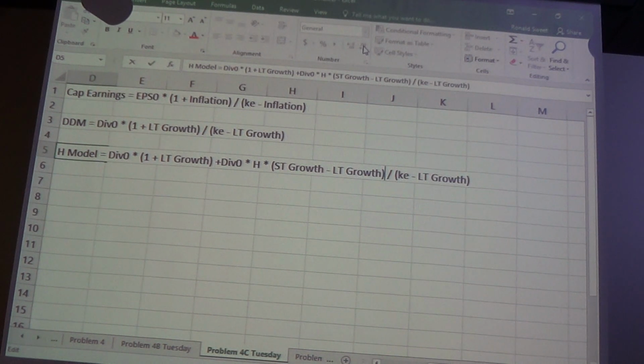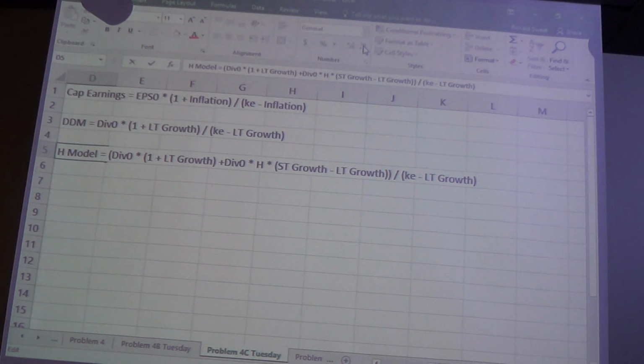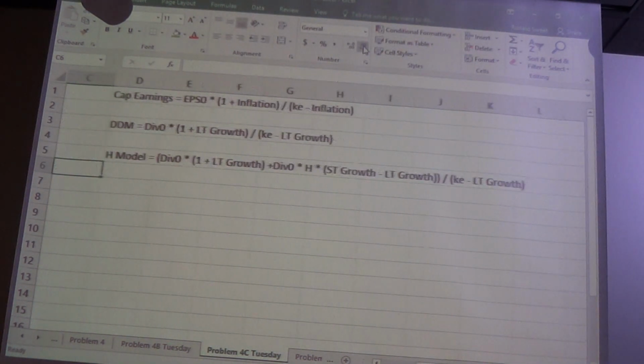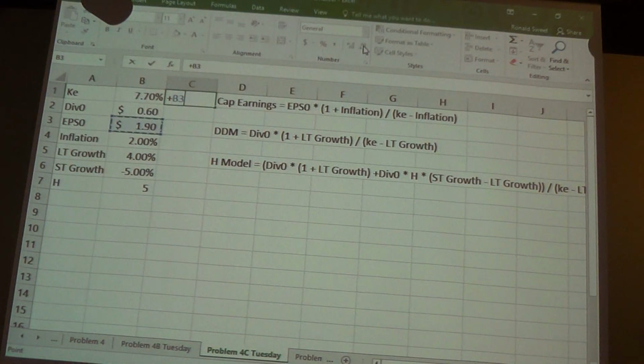Yeah, it's one whole formula, right? That entire thing, you have to think that entire thing before you divide. Some are taking the first part and then only dividing the second part by the rate, all right? So make sure you have the parentheses in those places. If we do all of this, we get EPS times 1 plus inflation divided by KE minus inflation.